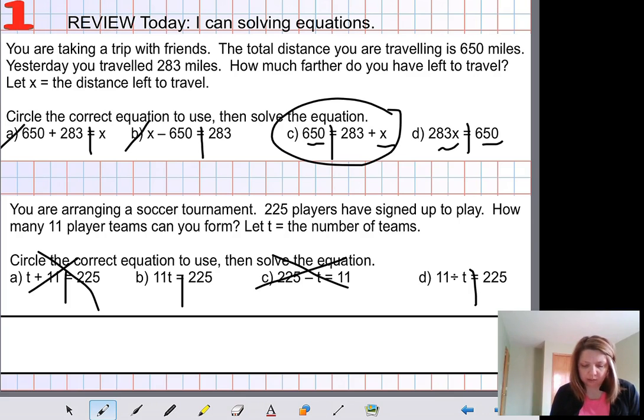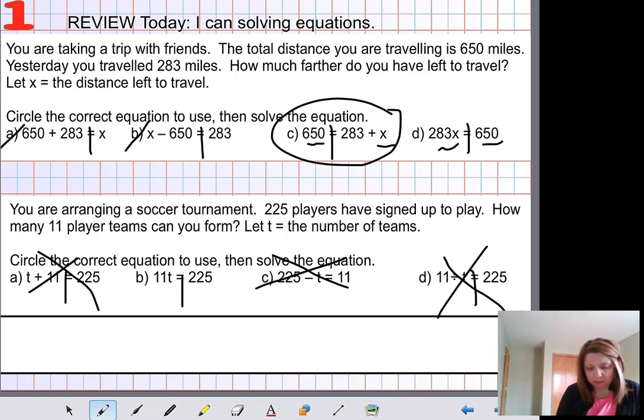Then we have 11 players times number of teams is equal to 225, one option. And the other option is 11 players divided by teams equals 225. Well, I can't think about teams that when I divide 11 by separate players will give me a total of 225. This one just doesn't make sense. So the answer here will be 11t equals 225.